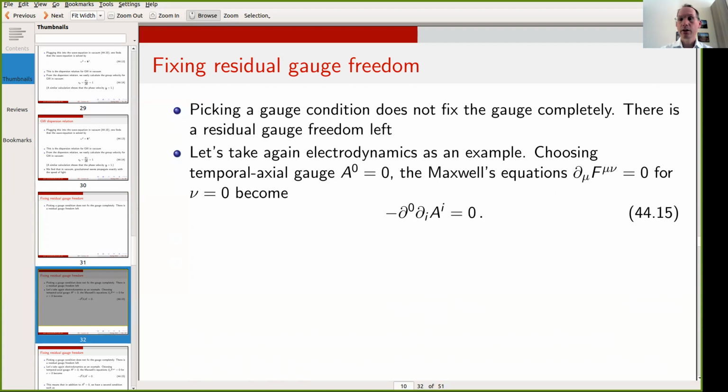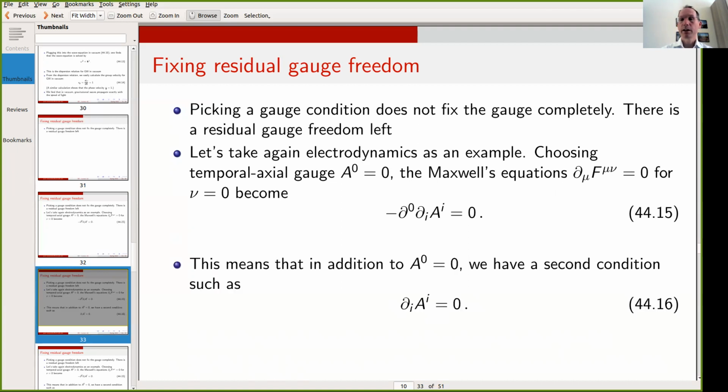So that's a residual constant that we can fix. And indeed, one particular choice for this constant would be 0, so that in addition to the original gauge choice A0 is 0, we have a second gauge condition that just says that d_i A_i is 0.